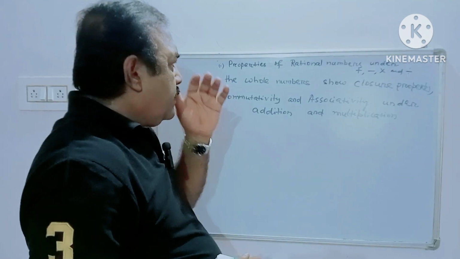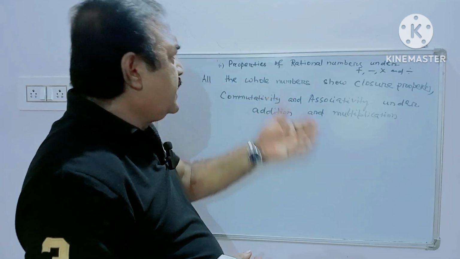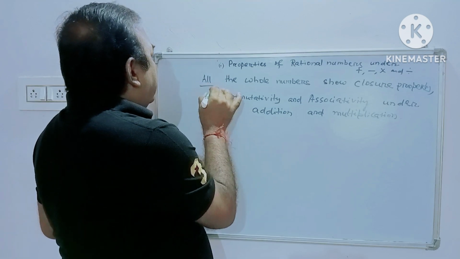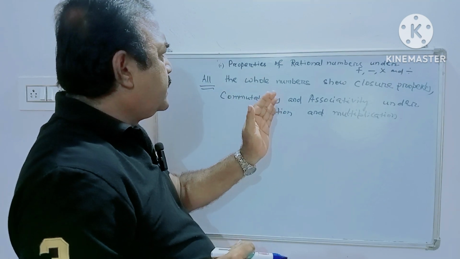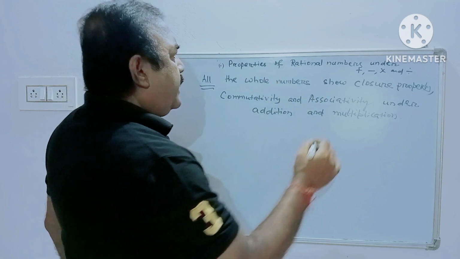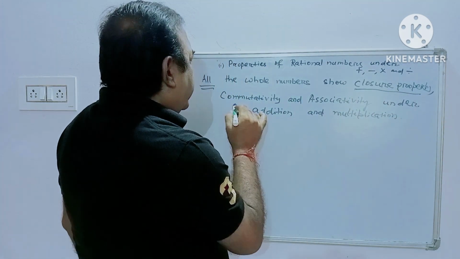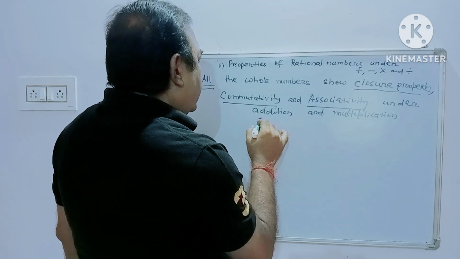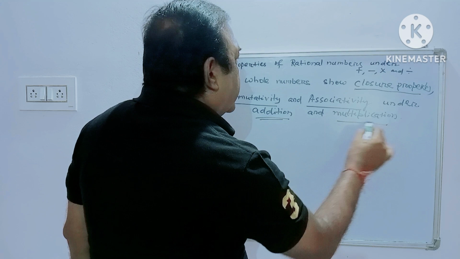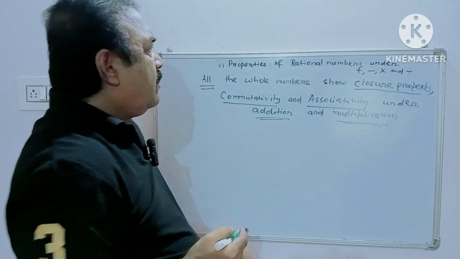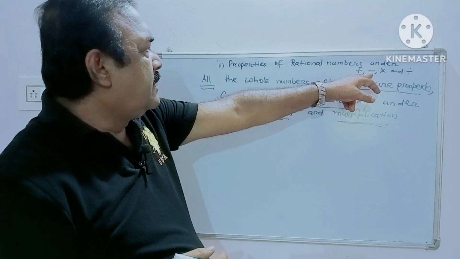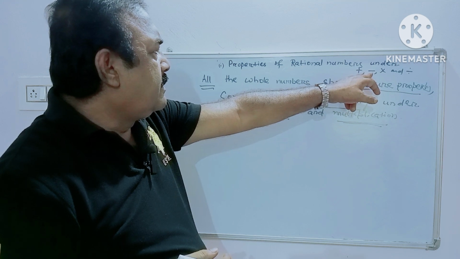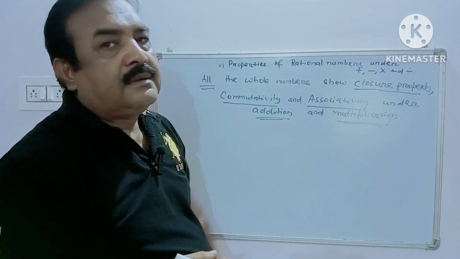I want to take a brief discussion. You see, all is important. Why? You see all the whole numbers show closure property, commutative property, and associative property under addition and multiplication. Why not under these two operations, subtraction and division?